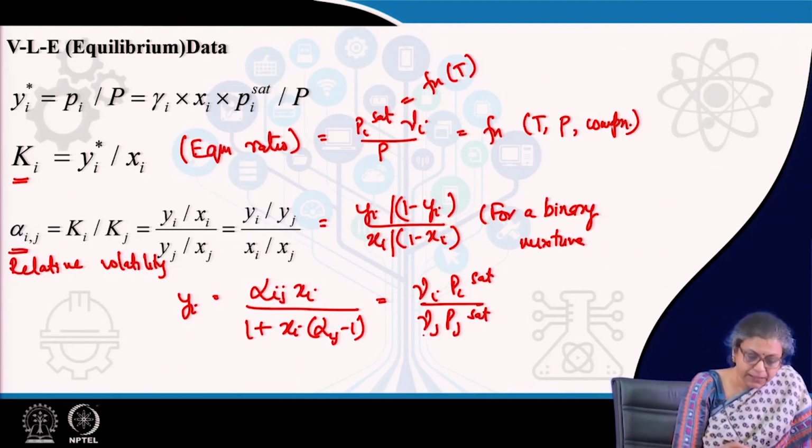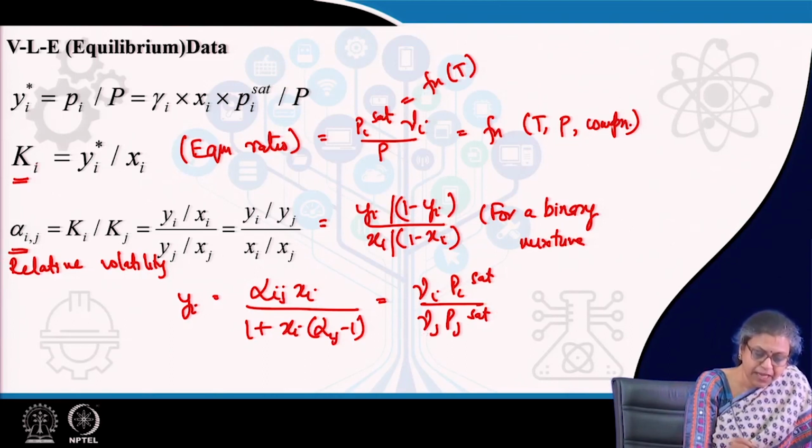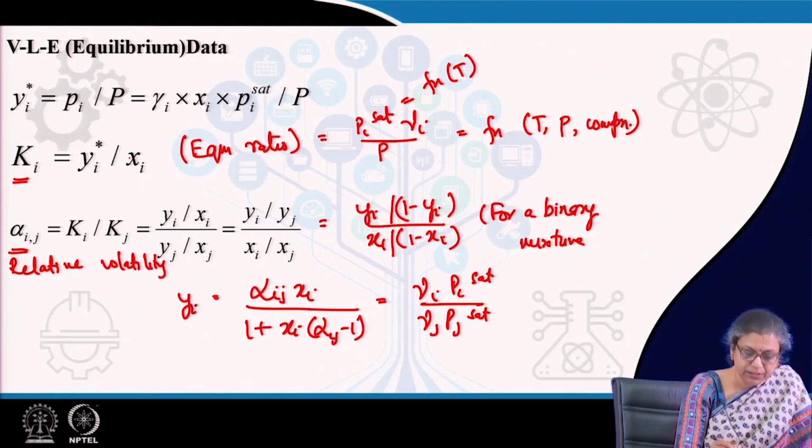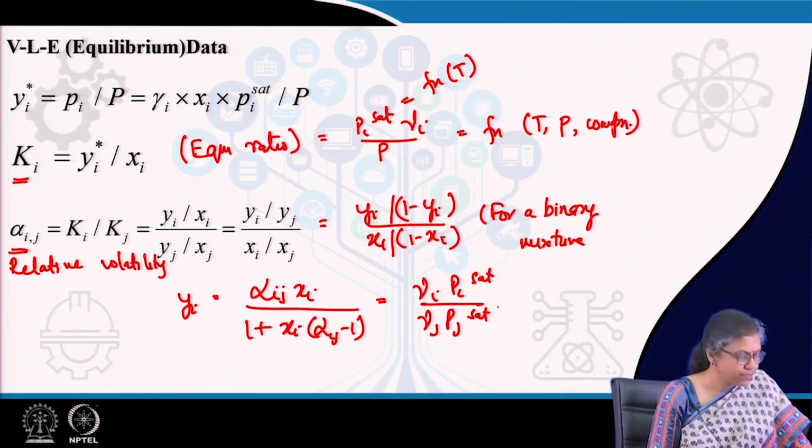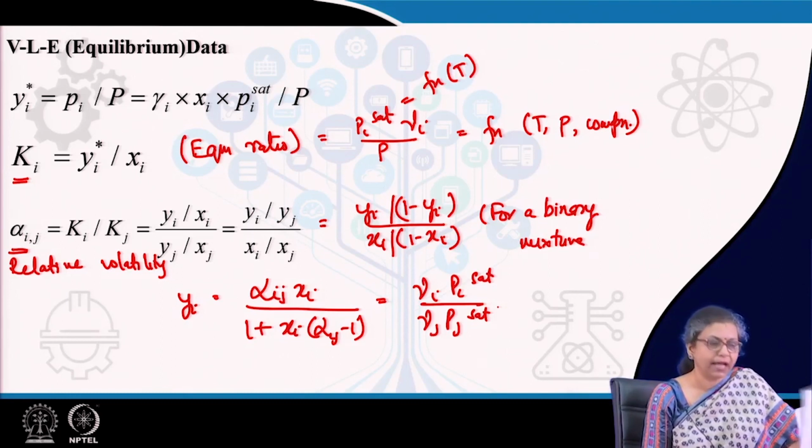So the ratio of Ki for the different components can be expressed in terms of the relative volatility for vapor liquid or gas liquid equilibrium data, and accordingly we can express it in this particular form.